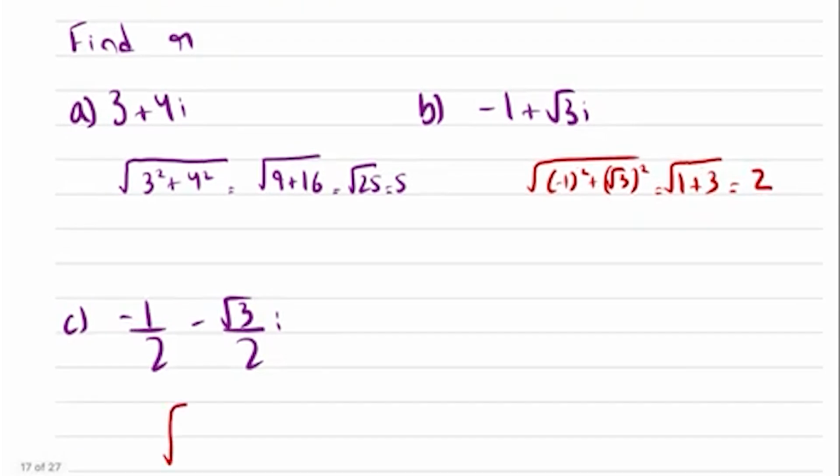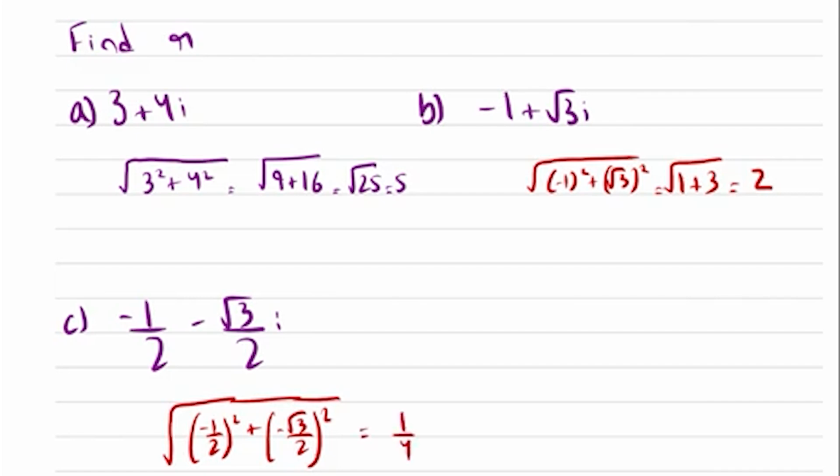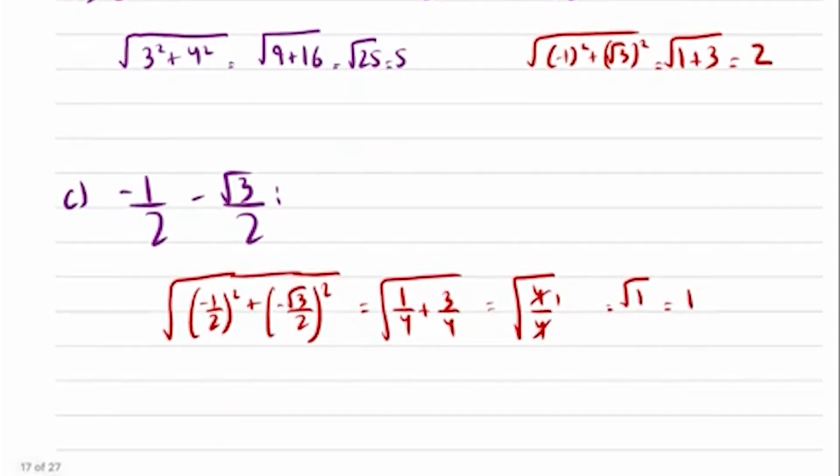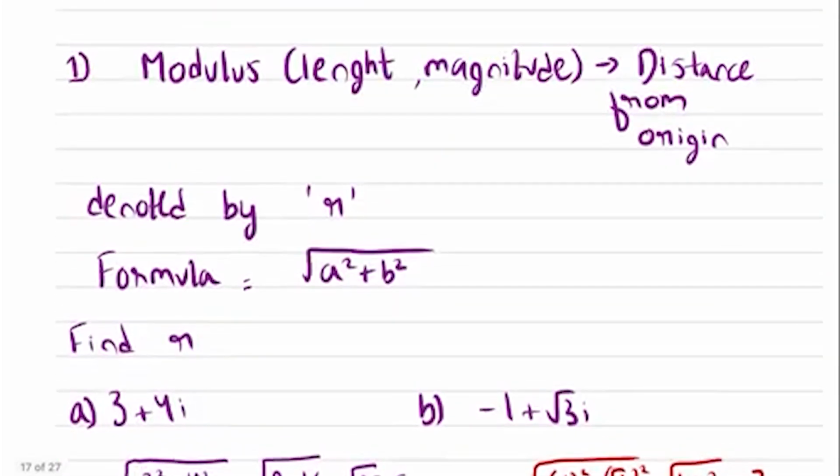Here it's going to be minus 1 upon 2 square plus minus under root 3 upon 2 square. That's going to be 1 upon 4 plus 3 upon 4. So that's going to be under root 4 over 4, that's 1. So what's the answer of under root 1? That's 1. That's how you find modulus.